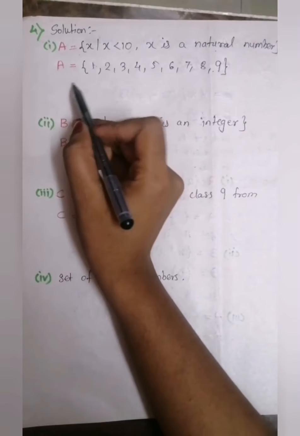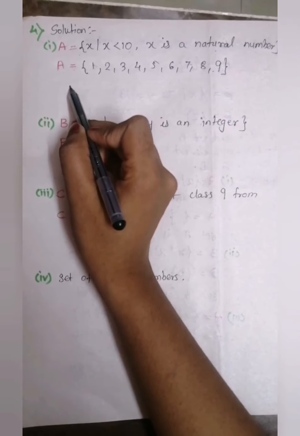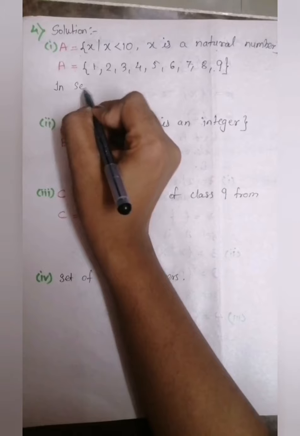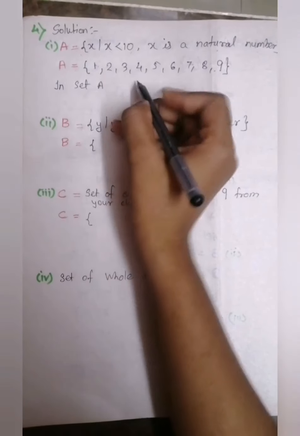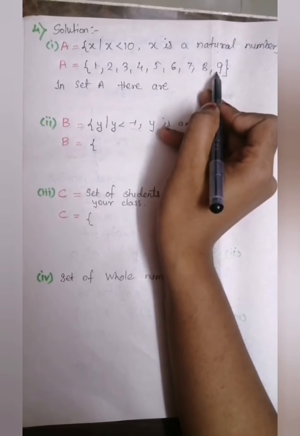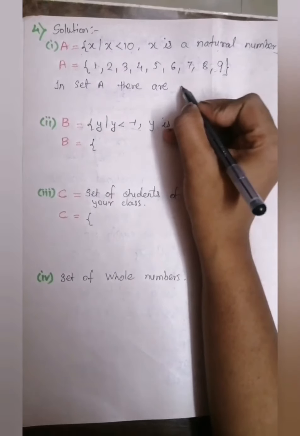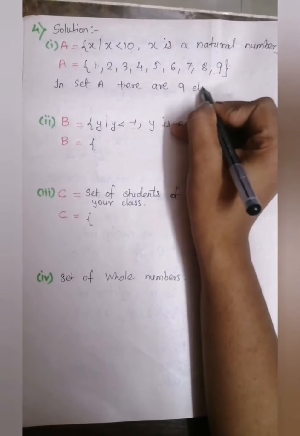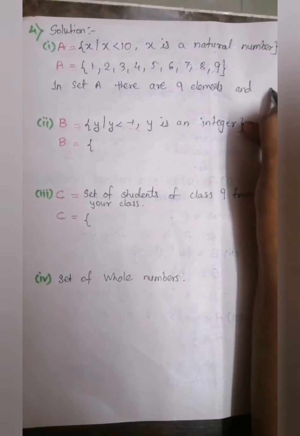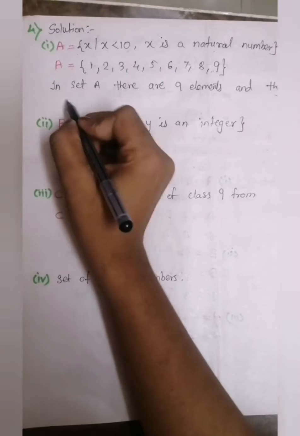Now we have to write down the reason also. So start writing the reason. In set A there are how many elements? 9 elements. So write down there are total 9 elements and they are countable, right?